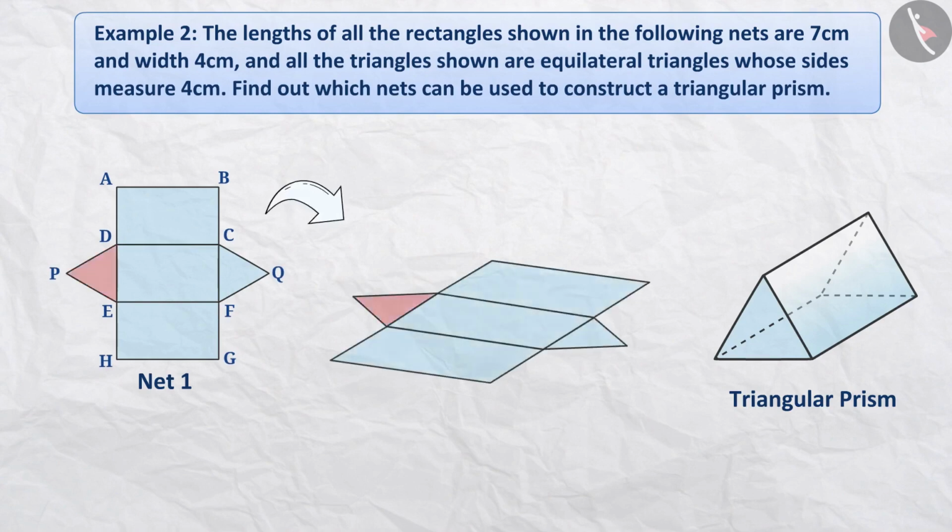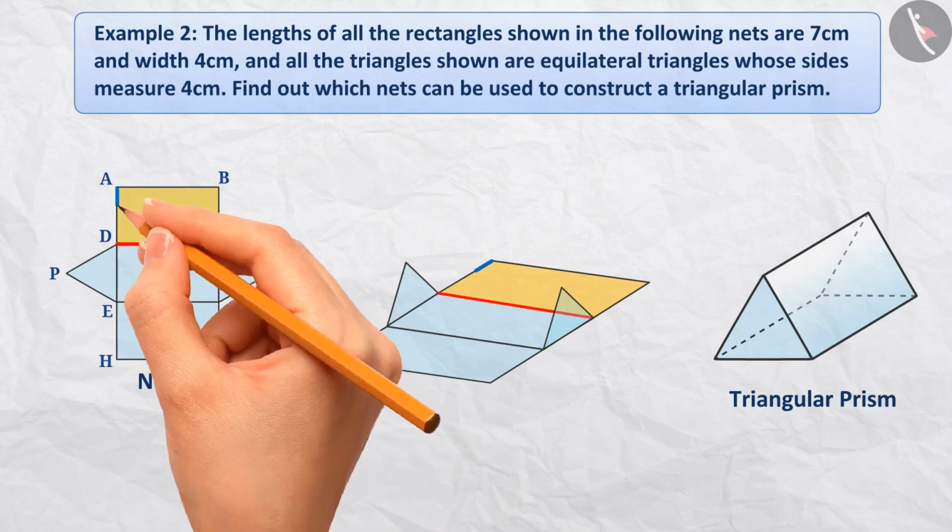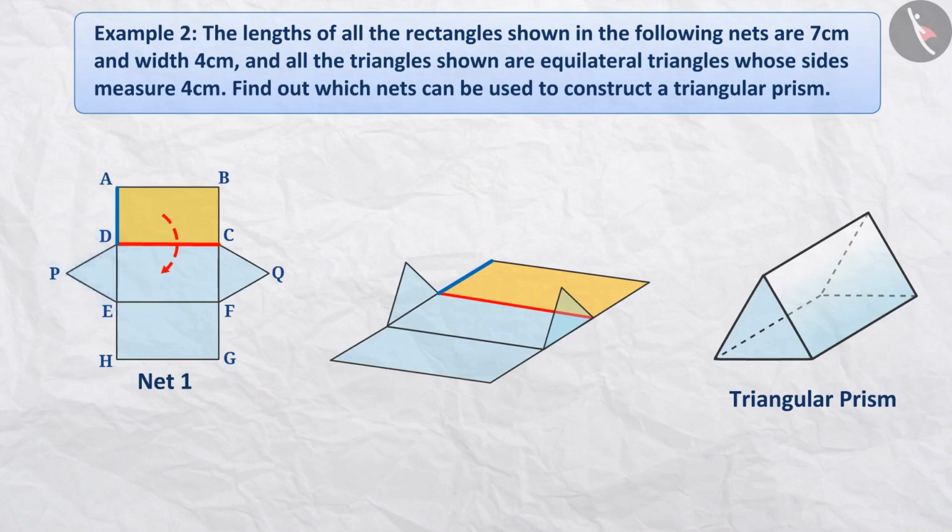We will fold the triangle PED along the line segment DE in such a way that it is perpendicular to the rectangle DEFC. Similarly, we will be folding triangle QCF along the line segment CF in such a way that it is perpendicular to the rectangle DEFC. Now, we will fold the rectangle ABCD along the side CD such that its side AD is attached to arm PD of triangle PED and the side BC is to be attached to arm QC of triangle QCF.